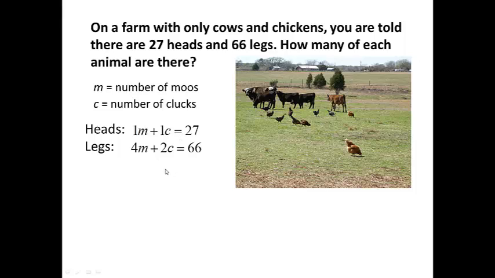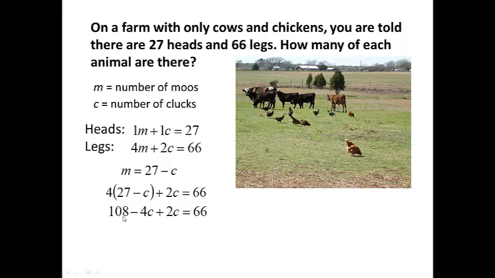Now I can go ahead and solve it just like the other ones. First thing I do is find a substitute. You can either solve this for M or solve this for C. I'm going to solve it for M, subtract the C to the other side. Here's my substitute. 27 minus C is my substitute. Put that in my equation. Notice I put that in parentheses again because I need to distribute that 4.